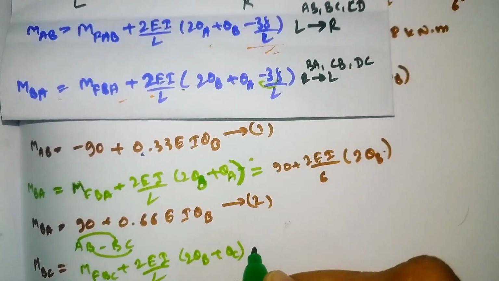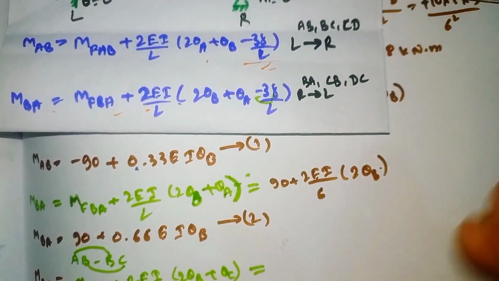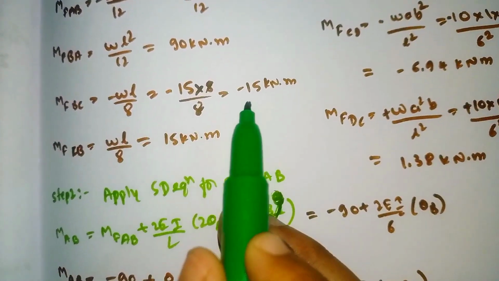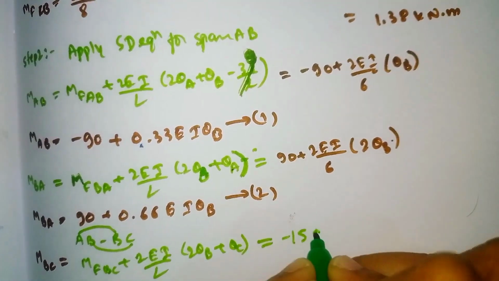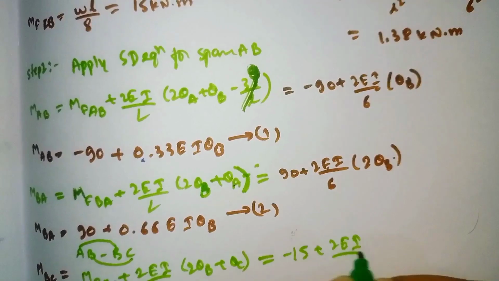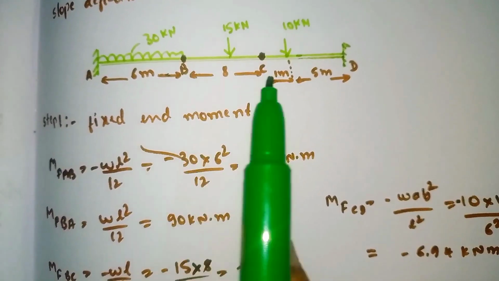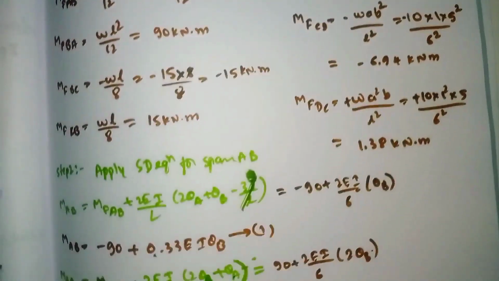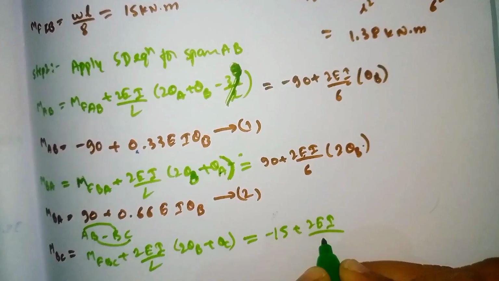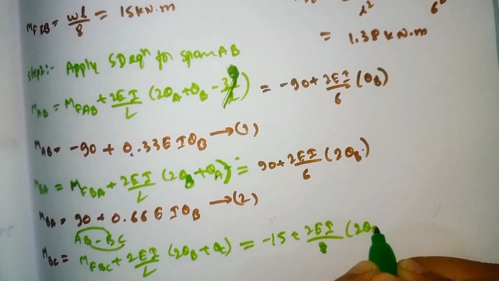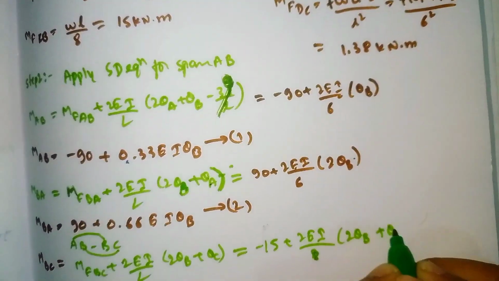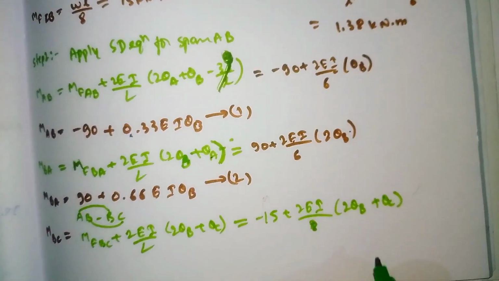So now simplify this. The MFBC value we got was minus 15. So substitute that, minus 15 plus 2EI divided by span BC, which is 8 meter. So 8, 2 into theta B has some value plus theta C also has some value.